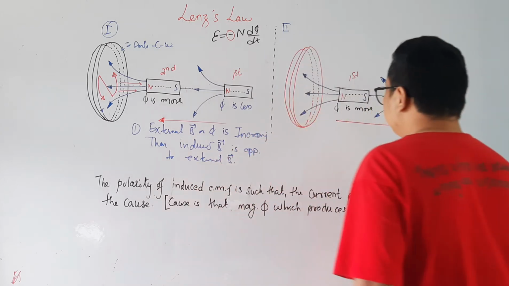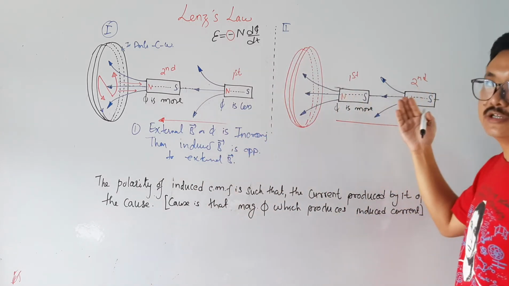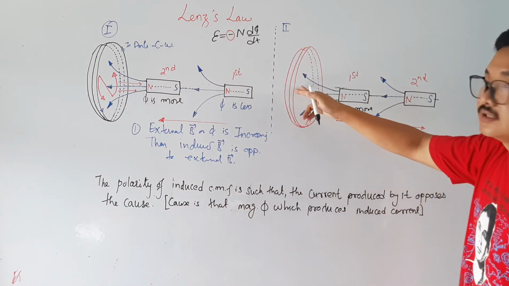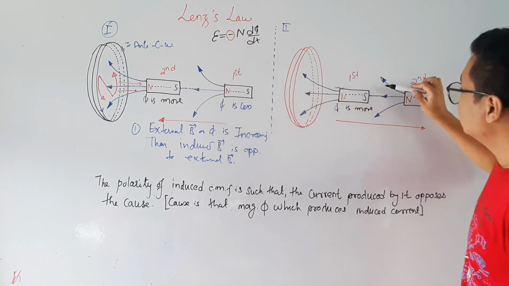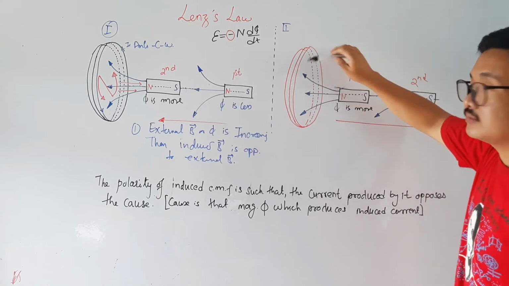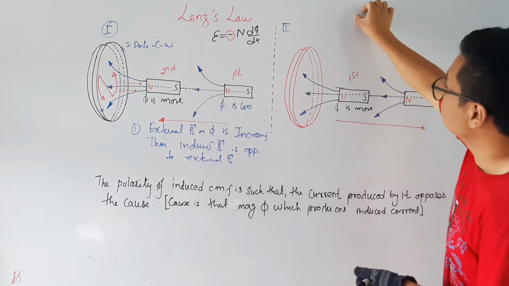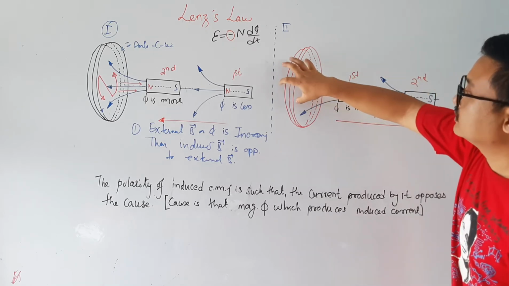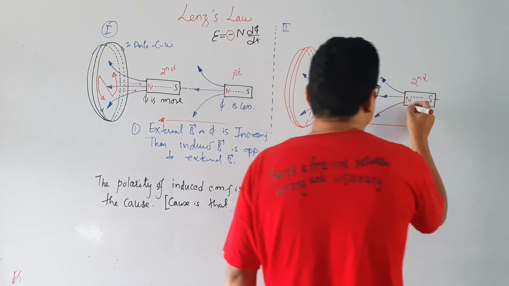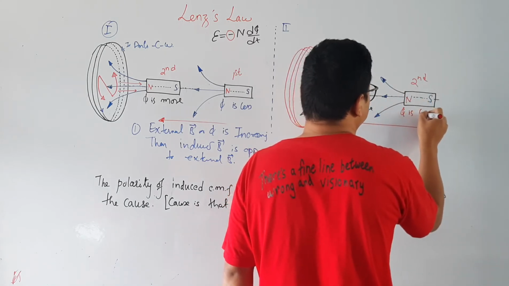Whenever I move it backward, whenever I move away from this coil, there is less magnetic flux here, because this magnetic flux is going like this, which is not linked with this. So the flux is less.